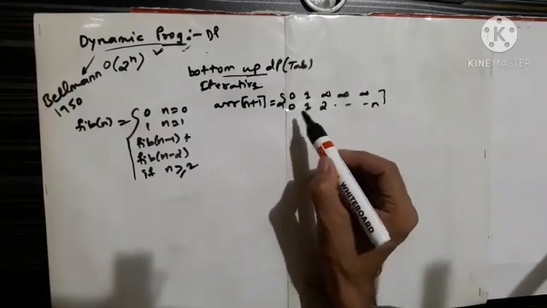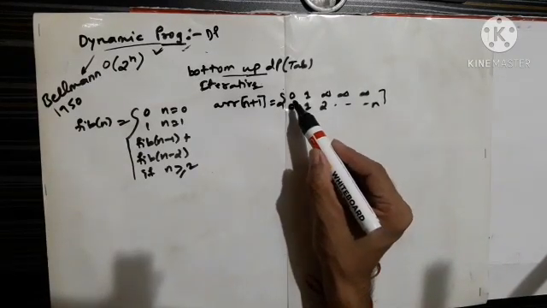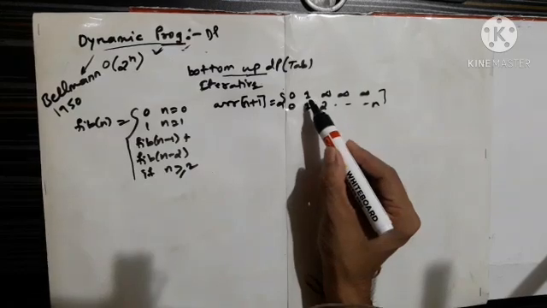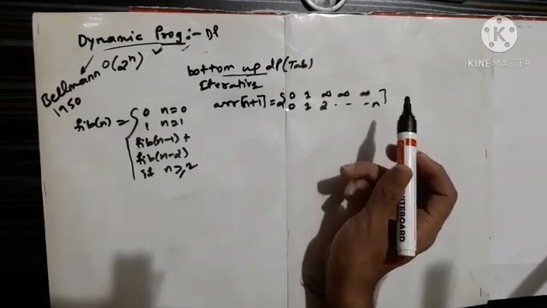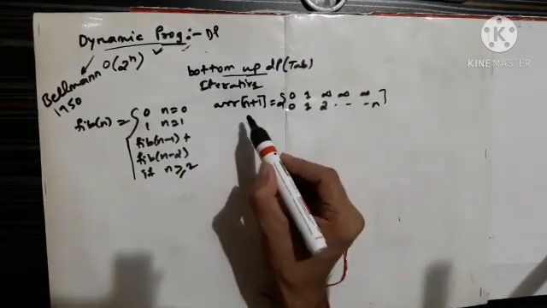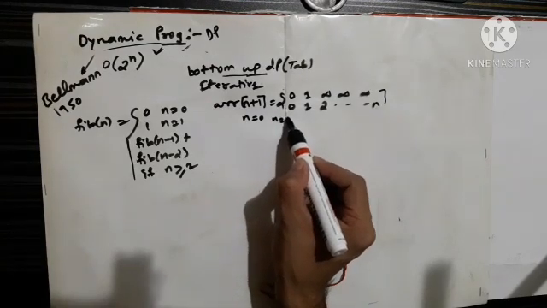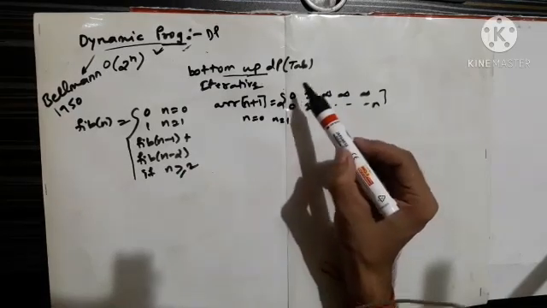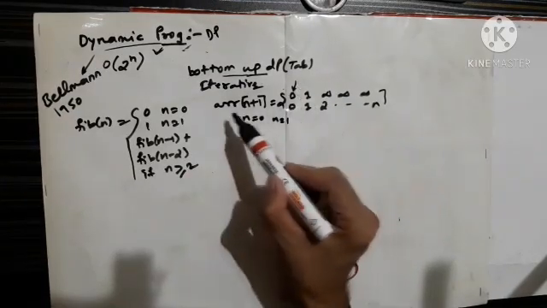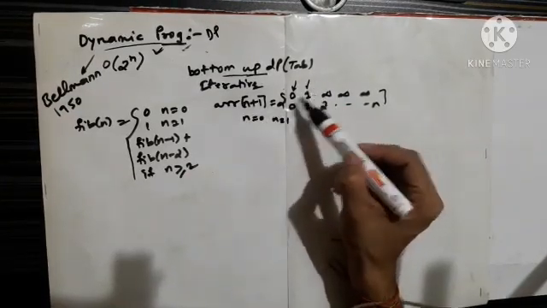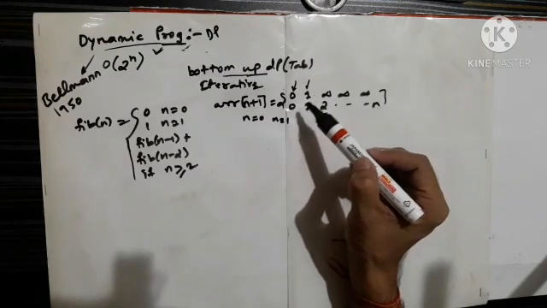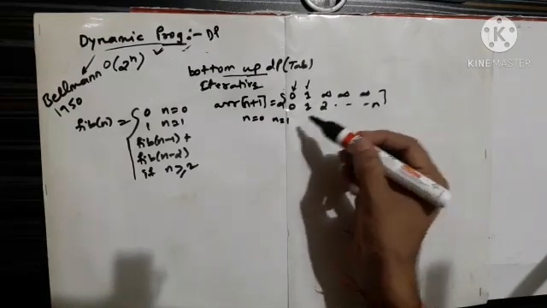See why I am maintaining at 0 index the value 0, at 1 index the value 1, and from 2 index all infinity. Why? Whenever my n becomes 0 or 1, then definitely I do not have to compute anything. I go to this array and simply get this value.